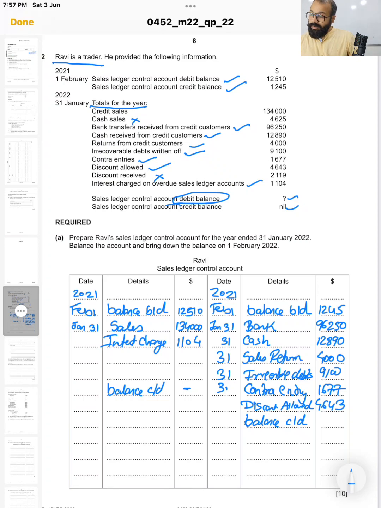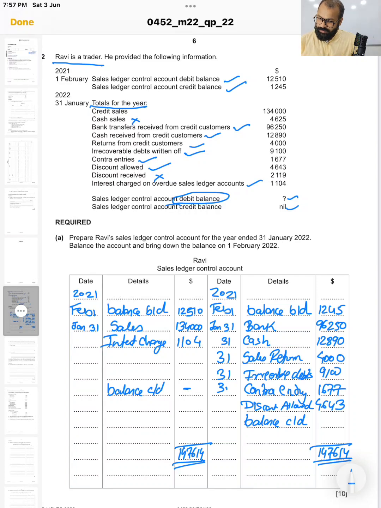The total is 147,614. Correct. So this is the greater one, and I will mention it on both sides. Now let me subtract the total of the credit side.